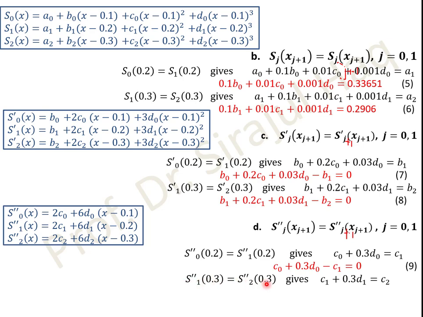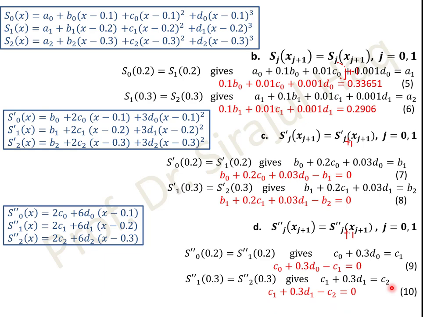When you substitute x is equal to 0.3, this portion will become 0, you are getting 2c2, which you can see over here. I have cancelled 2 throughout, and when you substitute it over here, you are getting 2c1 plus 6 into 0.1 d1 is equal to 2c2, cancelling 2 throughout. So we end up with this relation. Now transferring c2 to the left hand side, we get equation number 10.